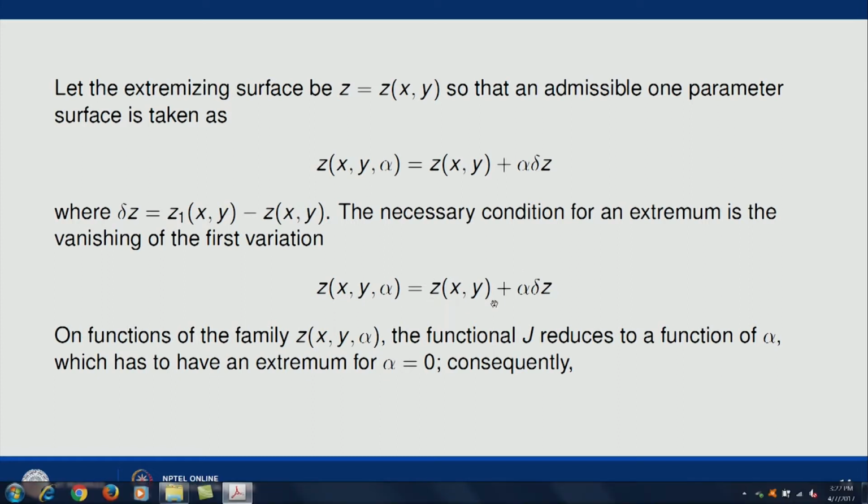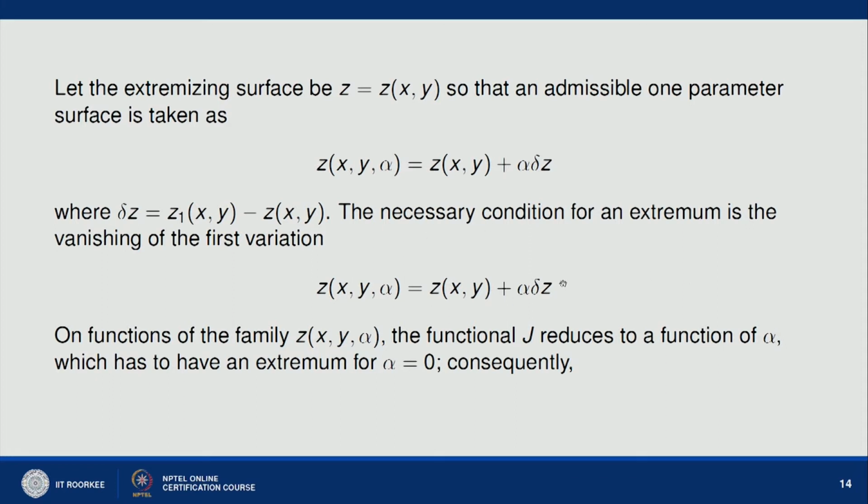Not only this, if you take alpha equal to 0, then this one parameter family reduces to z of x, y, which is the extremizer of the functional. So on the family z of x comma y comma alpha, the functional J reduces to a function of alpha.